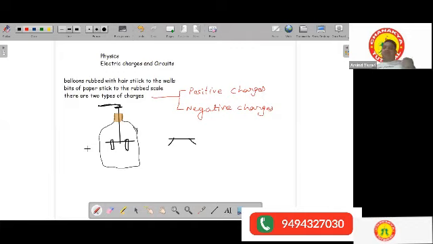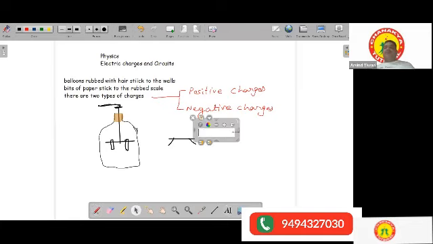Whereas we observed that when you bring the scale towards bits of paper, it attracts them. So that means charges can either attract or repel. If the charges are placed together, they will either attract each other or repel each other. If the charges are similar, they will repel each other, and if the charges are different, they will attract each other.